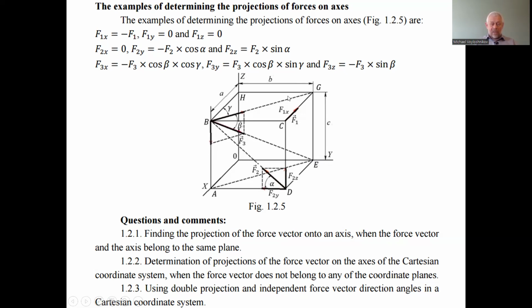The projection of F3 on the vertical axis z is the product of minus F3 by the sine of the angle beta.